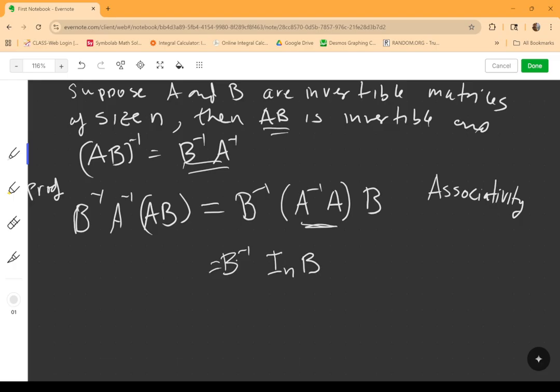Again, whichever way you want to associate these. So this is the definition of inverse. Doing this now, this is just B inverse. So multiplication by the identity matrix.